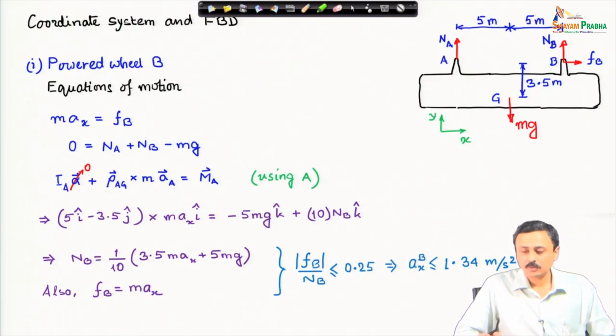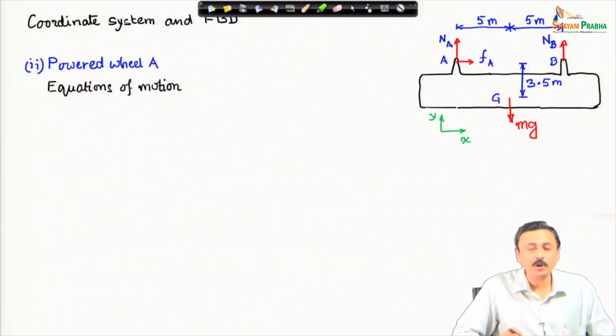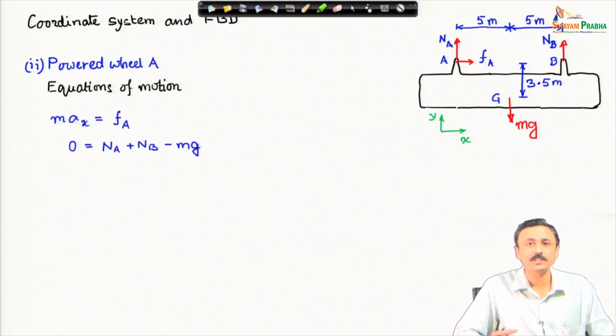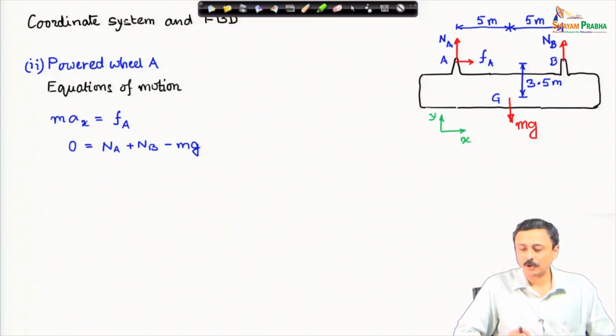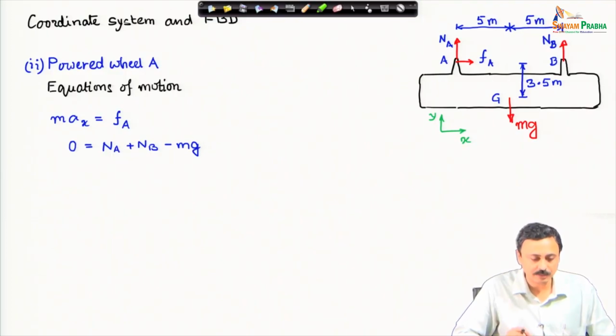Now, let us switch to wheel A. Let us power wheel A and do the same calculation. The translational dynamics will remain the same, only now the horizontal force because of the powering of wheel A, F_a, comes into the first translational dynamics equation in the x direction.